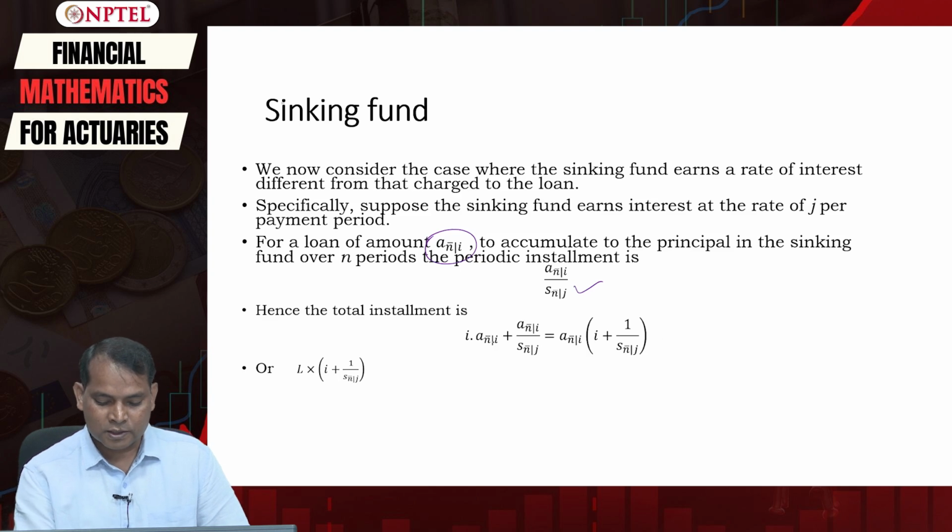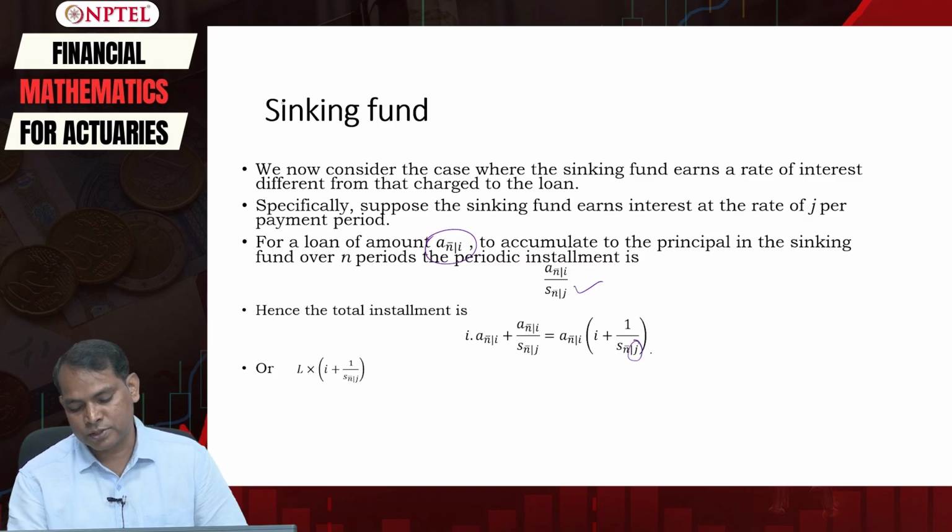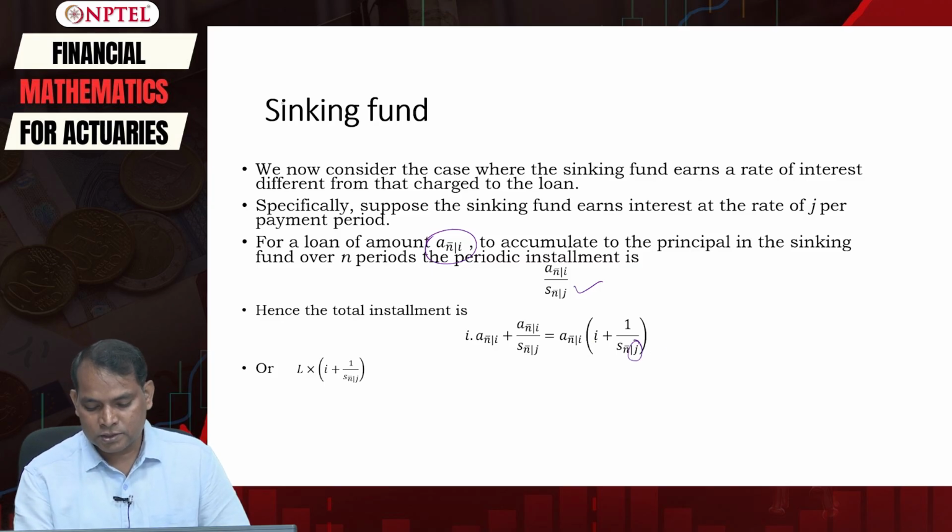Or you can rewrite this upon solving. You can simply take this term out. We will have a angle n at i times i plus 1 upon s angle n at j. This is the rate of interest you earned from your sinking fund, but this is the rate of interest you are going to pay for the loan.